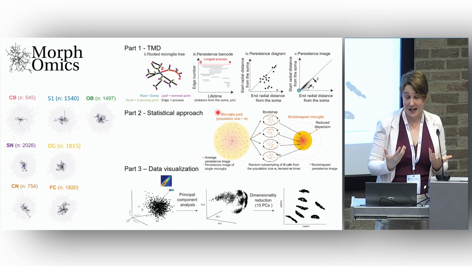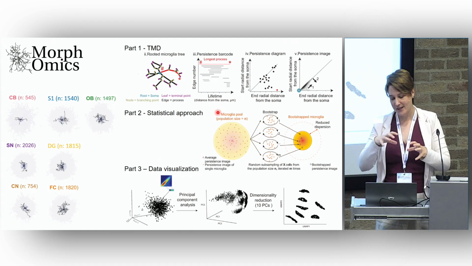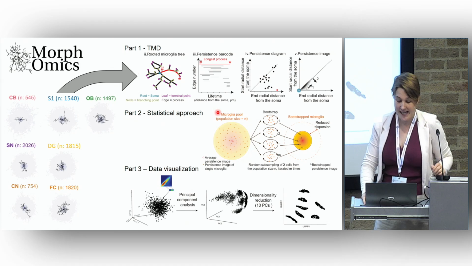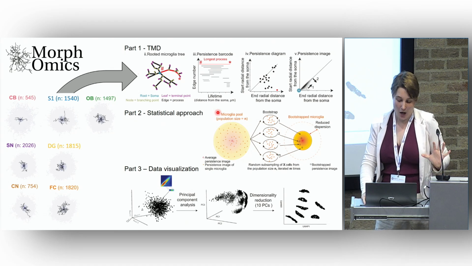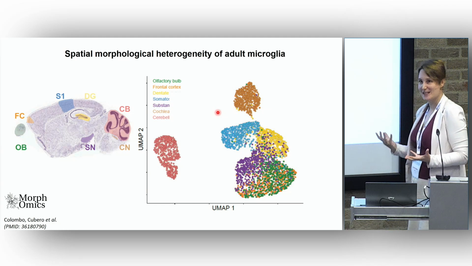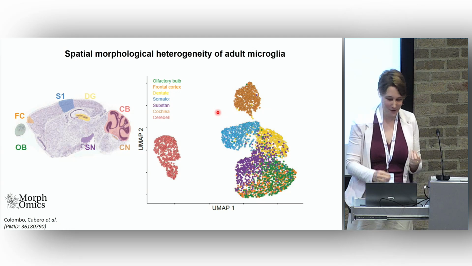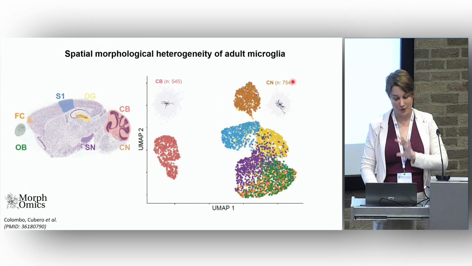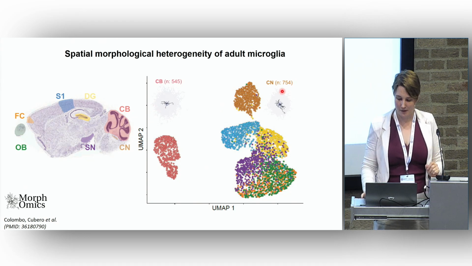What we did now is add those 10,000 adult microglia into this pipeline to see what the spatial heterogeneity of the microglia looked like, and suddenly we could see it. We could detect that the cerebellum and the cochlear nucleus are still separated.